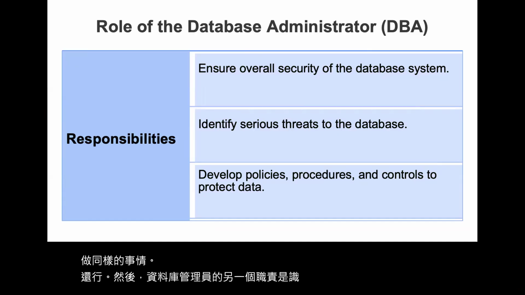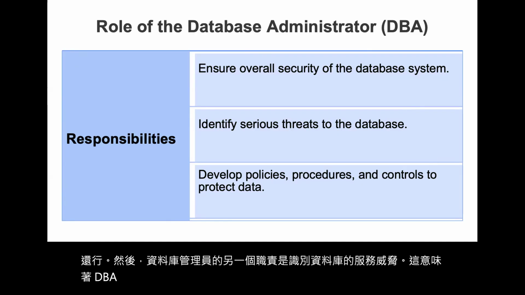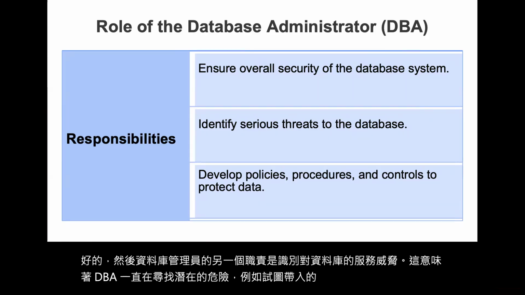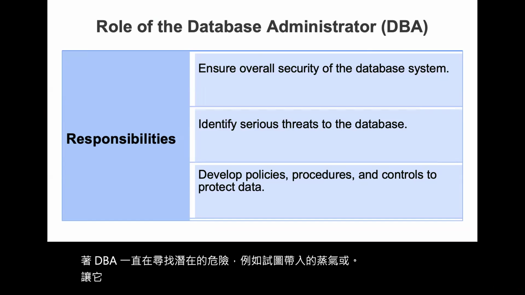It means that the DBA is always on the lookout for potential danger, like hackers trying to break in, or viruses, or even mistakes that could potentially be made by someone, like deleting data.